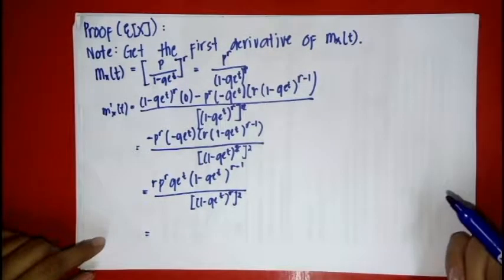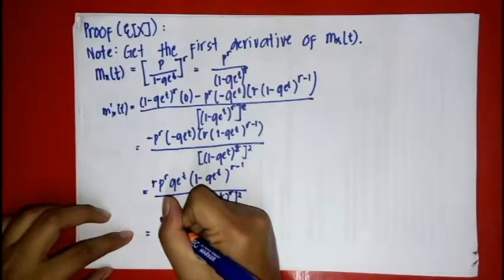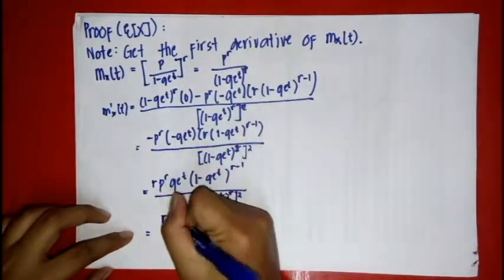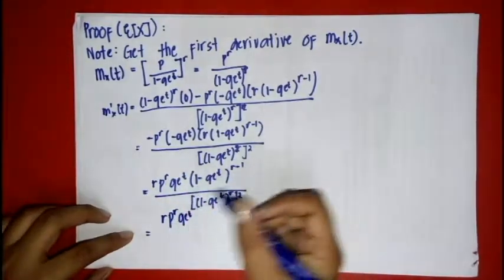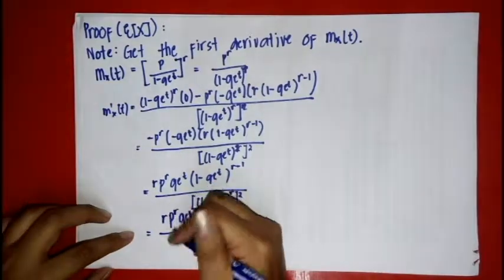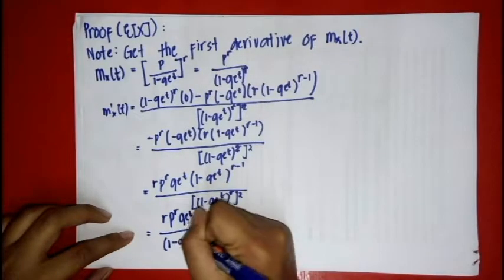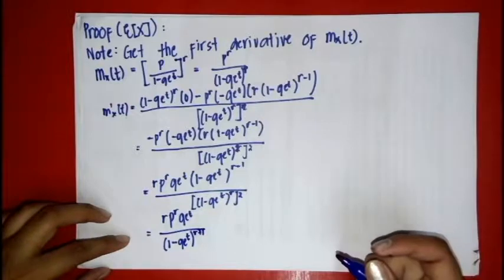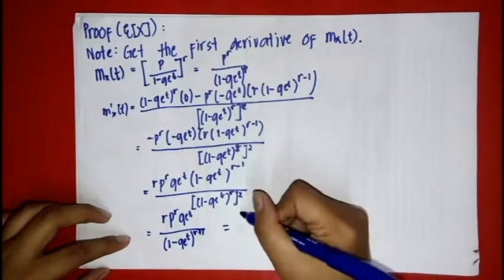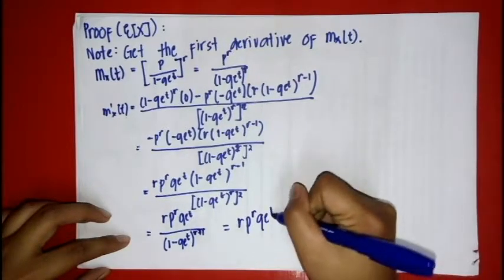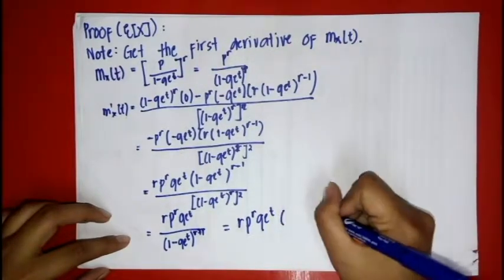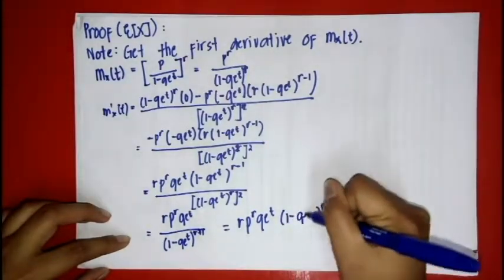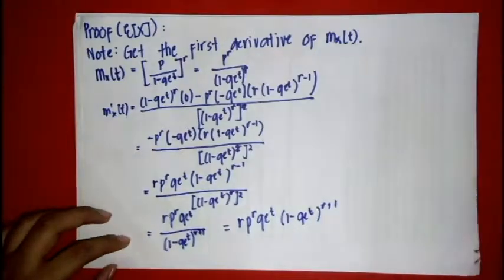So by the law of exponents, this will be equal to r p to the r q e to the t, all over 1 minus q e to the t to the r plus 1.